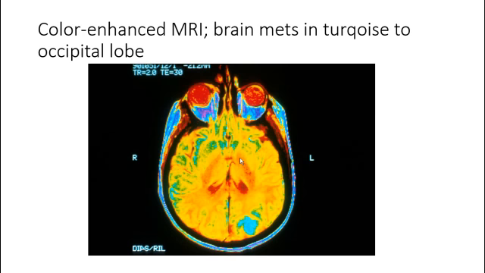And then there's a whole variety of MRI things that can be done, particularly with color enhanced MRI, that really show, and you can see a big area here in the occipital lobe, but all these turquoise colored areas are signs of metastasis throughout the brain, whereas the normal color on this MRI, in this case, was kind of this yellow orangey color. So here you see the eyes up here, so here's the occipital lobe.